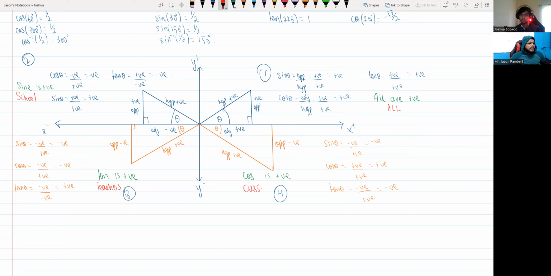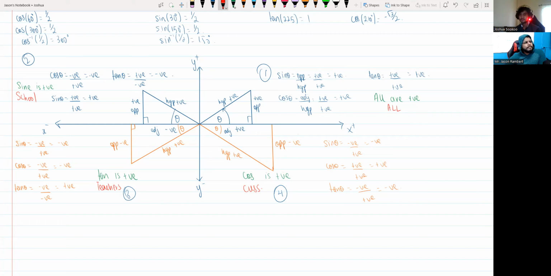Each of the letters in the acronym represents the ratio which is positive in that quadrant. So when you say all school teachers cos, that is the easiest way to remember it because it's so cliche. All means all are positive. School, for S, means sine is positive. T in teachers means tan is positive. And C in cos means cosine is positive. It's a nifty way to remember it.